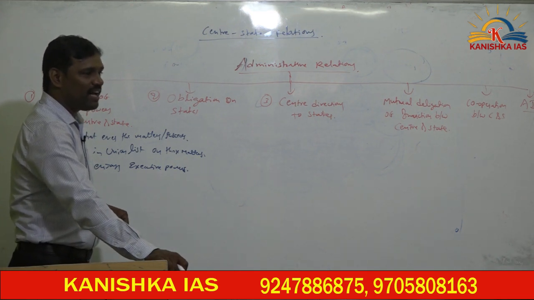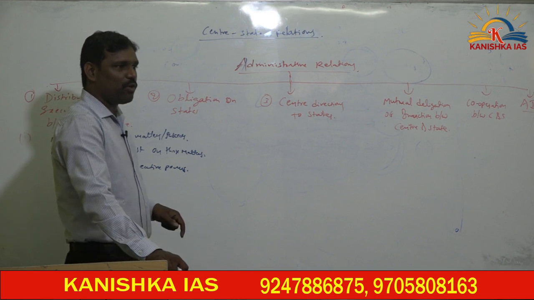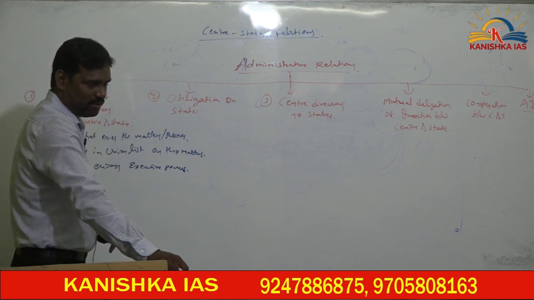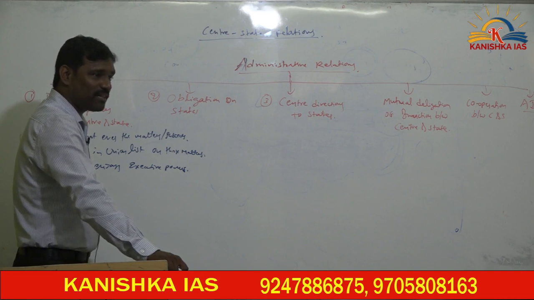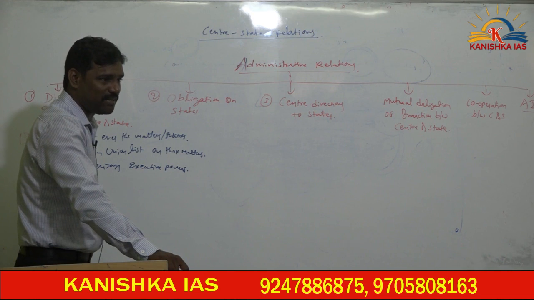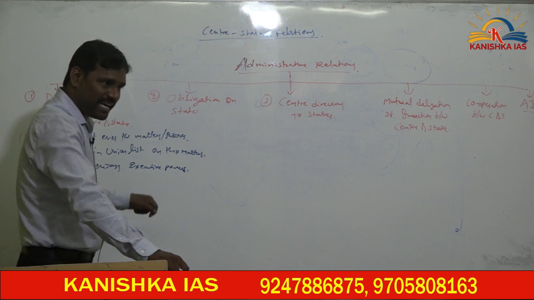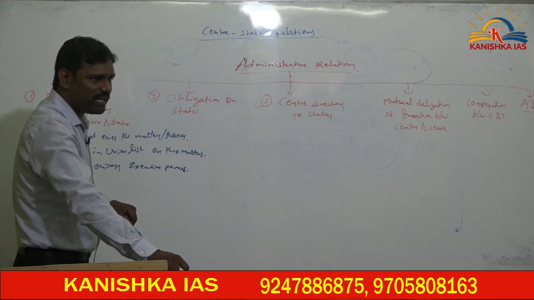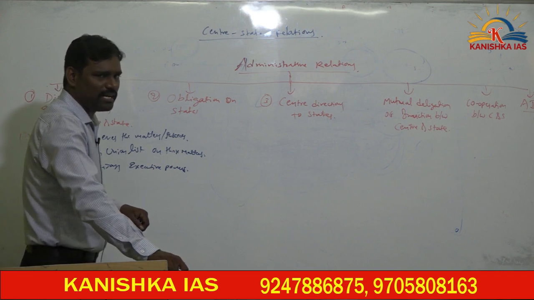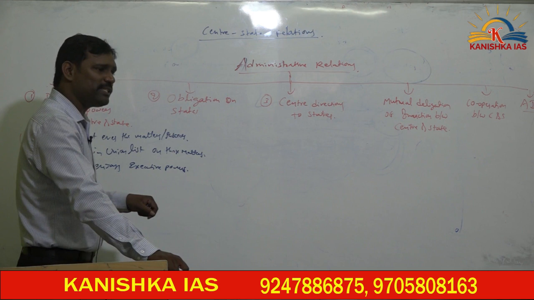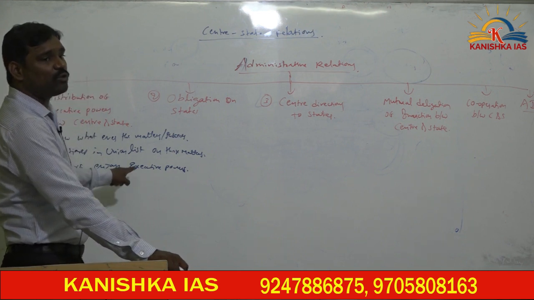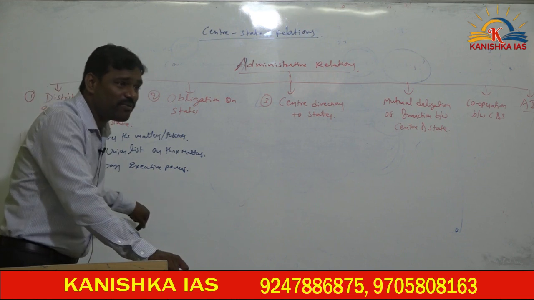Defense is in the union list. So about defense, parliament passes laws. Now, about defense, the central executive takes the decision or not, if any defense matter comes? Is there any state executive for defense affairs? No, the center only.